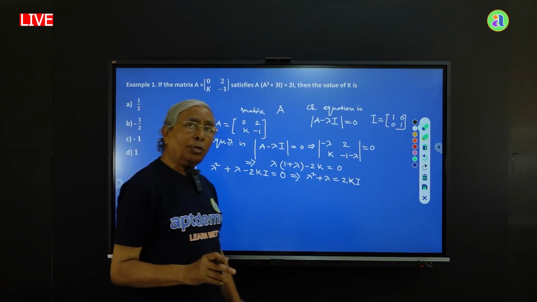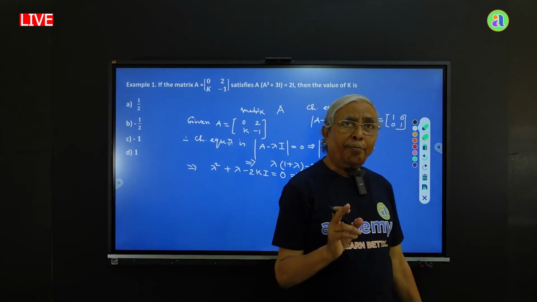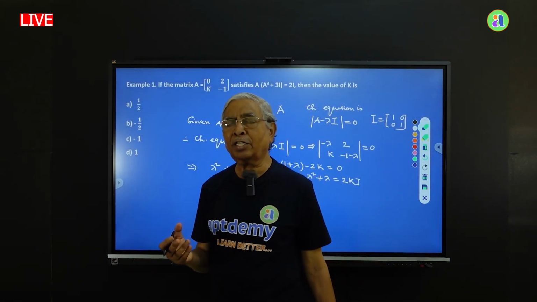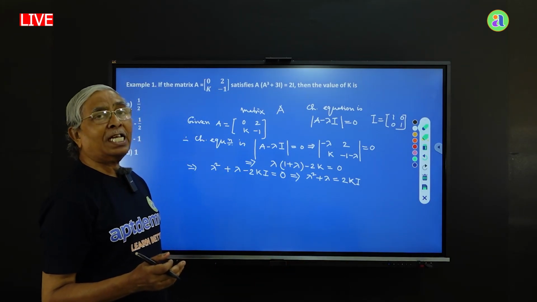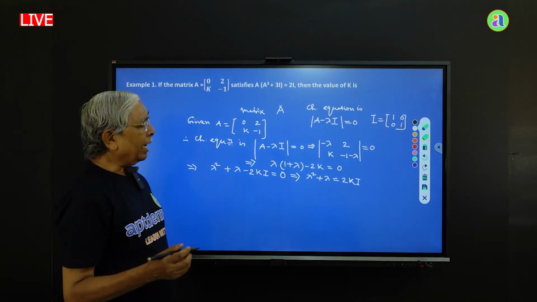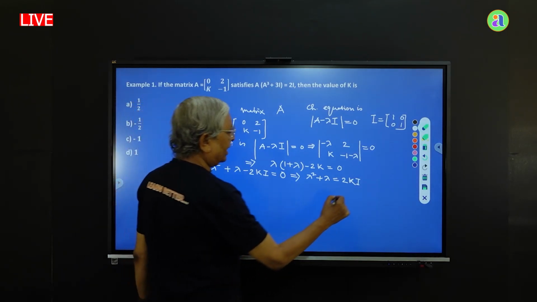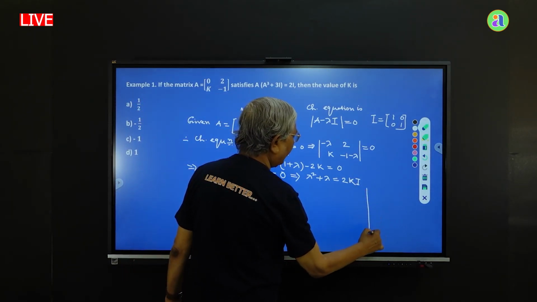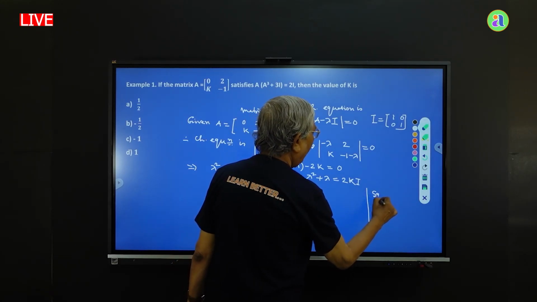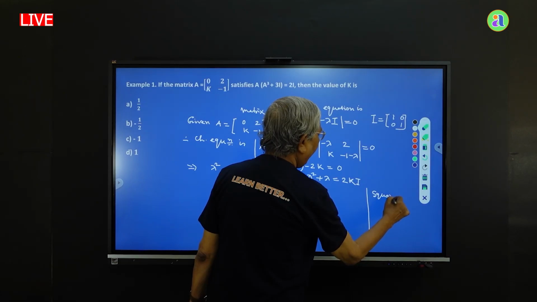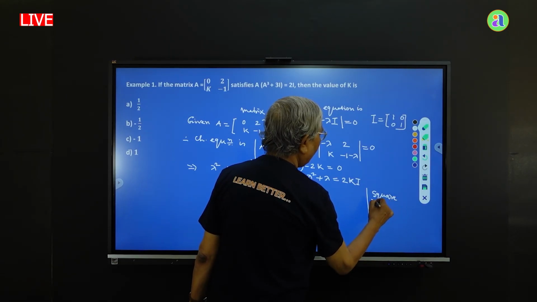Now, one thing is to be noted: every square matrix satisfies its own characteristic equation. This is known as the Cayley-Hamilton theorem.